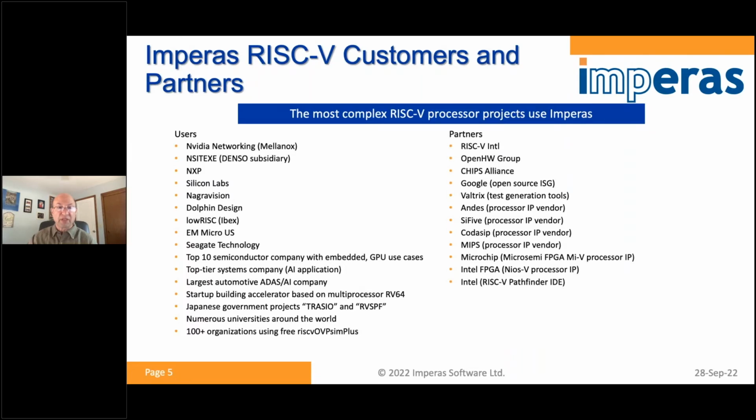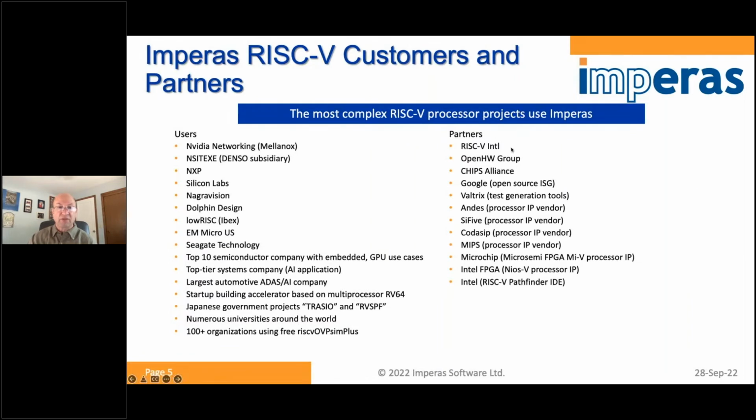If we look at our RISC-V customers and partners, there's actually a pretty extensive list. We see some of the top names in the RISC-V community here, organizations that have actually used RISC-V, not just for a proof of concept project, but actually put things in silicon.